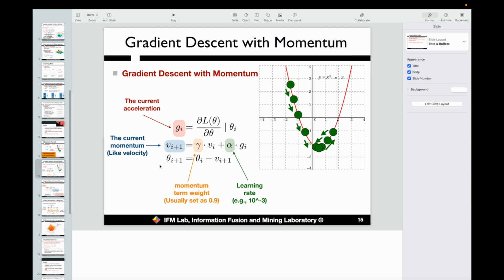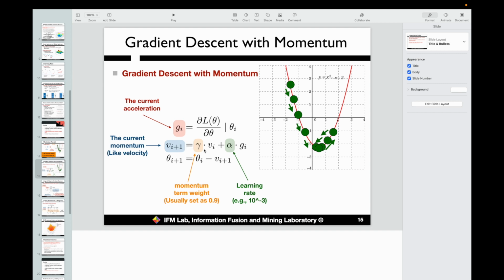We can represent the new variable as v i or v i plus 1. It denotes the current momentum, something like the velocity or speed of the ball at the current location. We will also update this v i with the formula shown here.